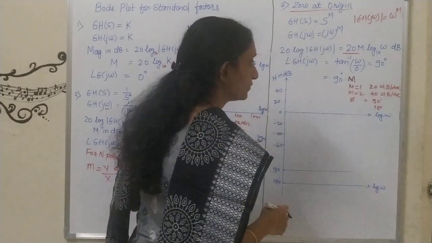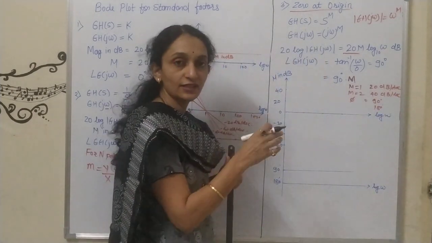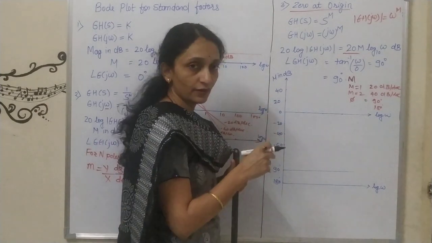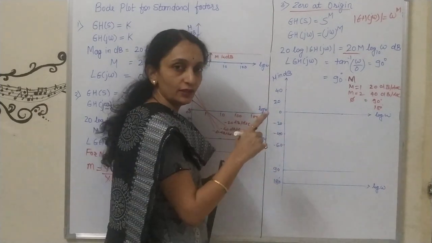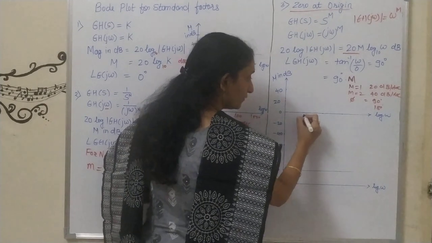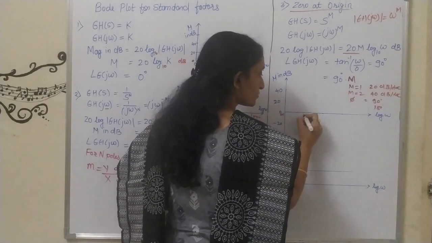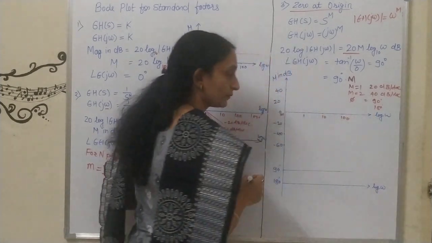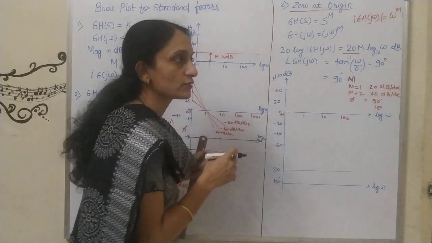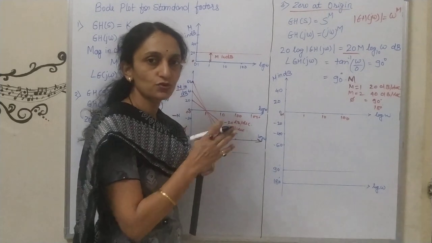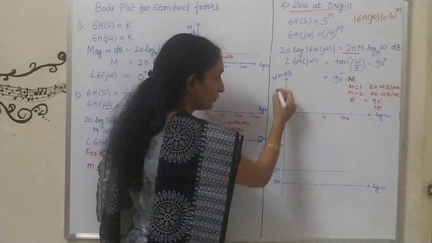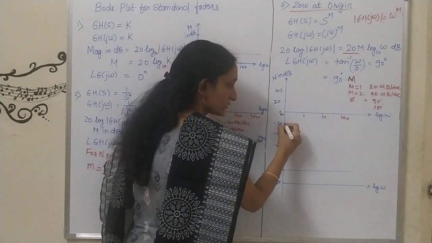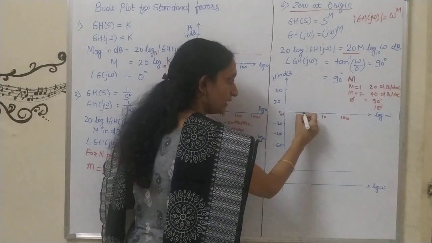First of all, I will show the line with slope 20 dB per decade. So plus 20 is there. Here point 1 is there, so 1, 10, then 100, like that. For drawing a line slope with a positive value, it should be increasing. So look at this, I will draw the line through minus 20 and 1.